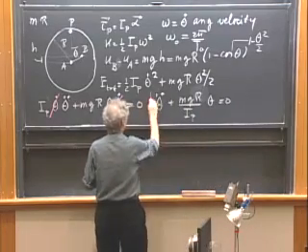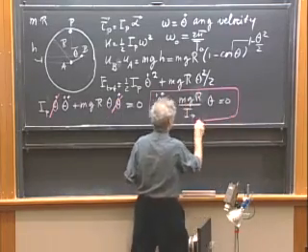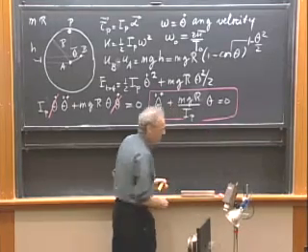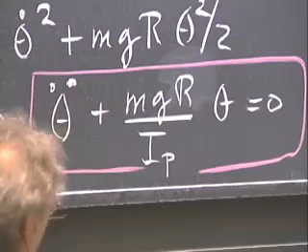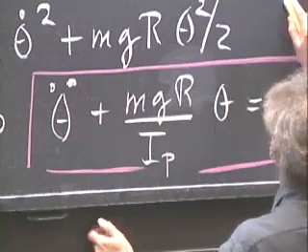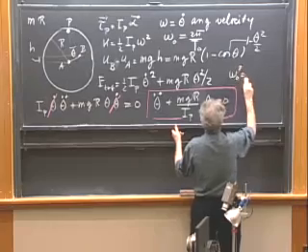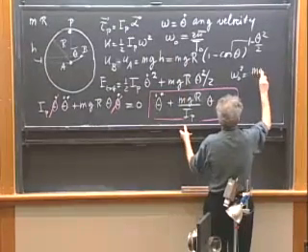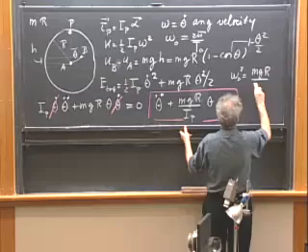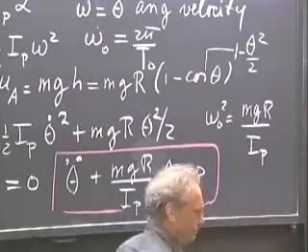And this differential equation, you should recognize. The solution to that equation is immediately obvious. Omega 0 squared equals mg times r divided by I_P.